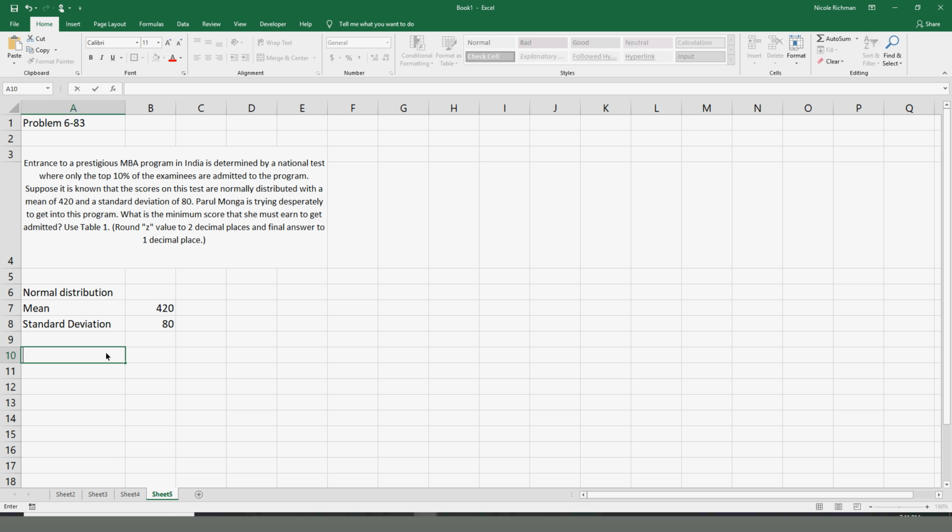So we're going to use x equals the mean plus the z score, which I'm going to show you where we get the z score, times the standard deviation.